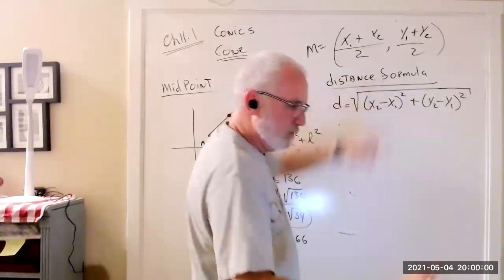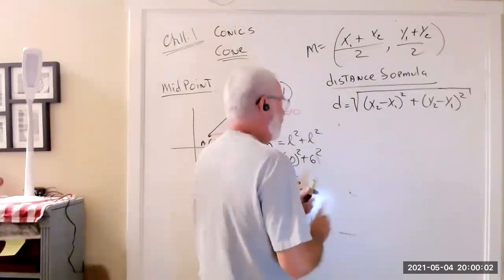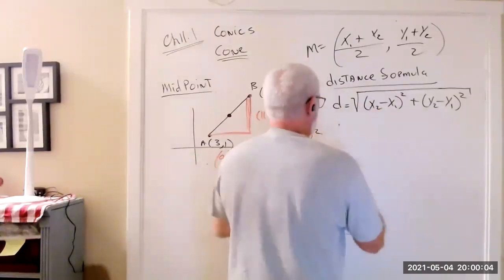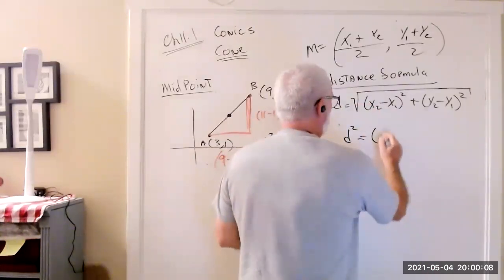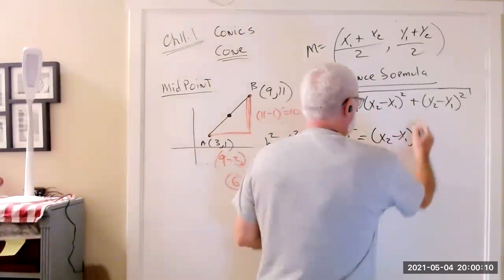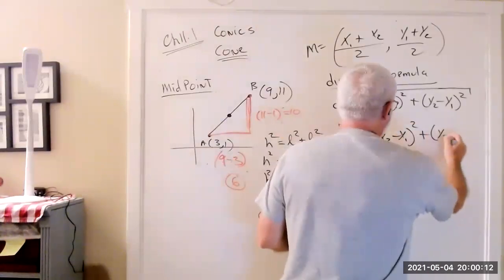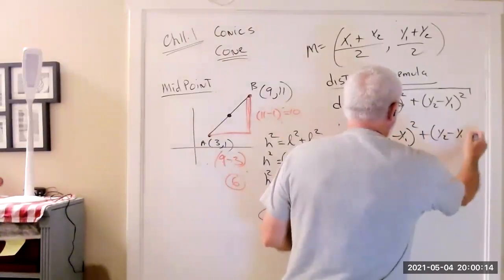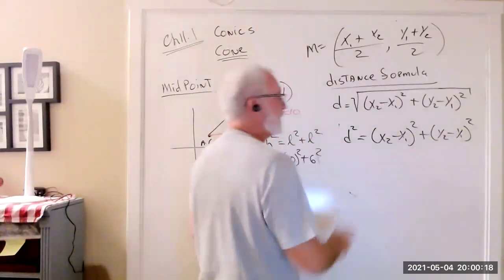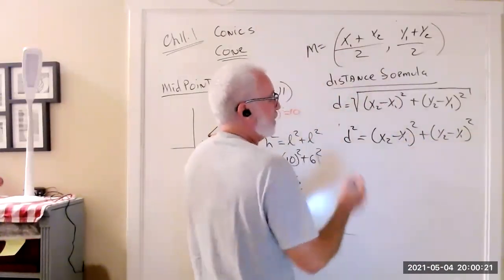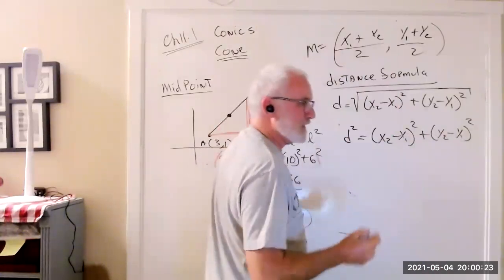Square both sides. Yep, square both sides. So if we squared both sides, this would be d squared equals x sub 2 minus x sub 1 squared plus y sub 2 minus y sub 1 quantity squared. So think about this for a second. By squaring both sides, we make it look not as nasty.